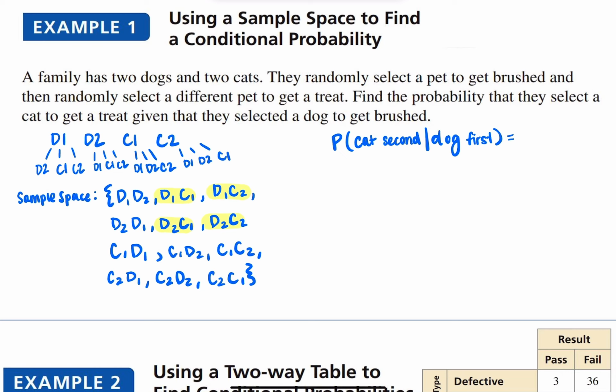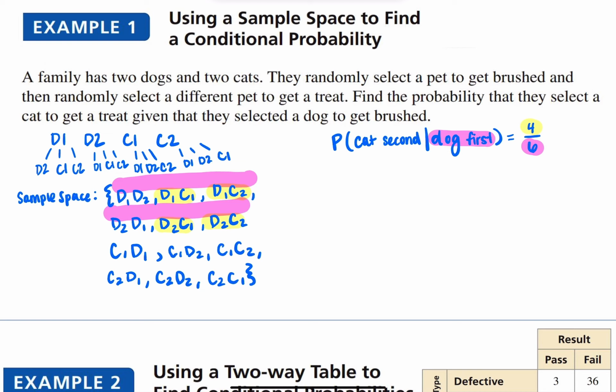So there are 2 outcomes where you choose a dog first and a cat second, out of a total of how many dog first? So we have 1, 2, 3, 4, 5, 6, because we only care about the given that there's a dog first.